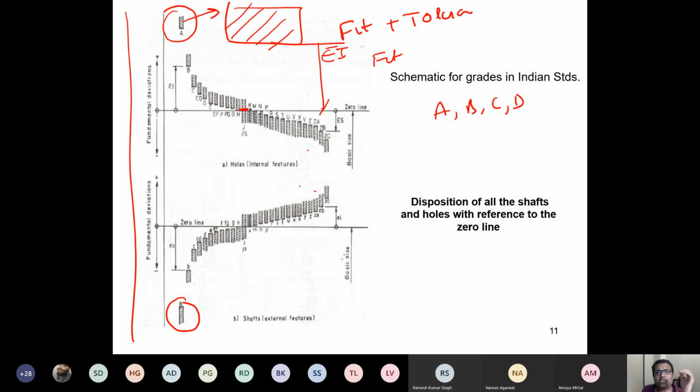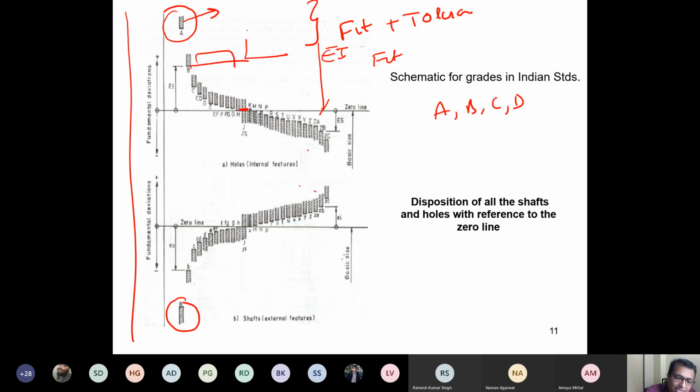So you have gotten the concept of what fundamental deviation is, and then we'll do the tolerance band, which you have to identify. I know the fundamental deviation, I know this EI and ES, but I still don't know how wide this band will be. This band can be this much, this band can be anything, right? If I choose say B, this B can be either this or it can be this.